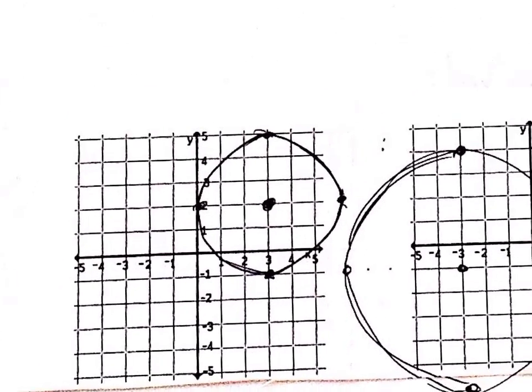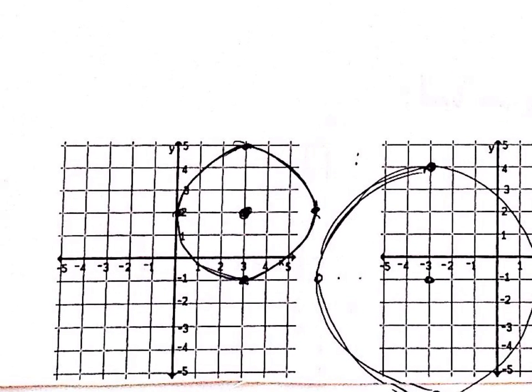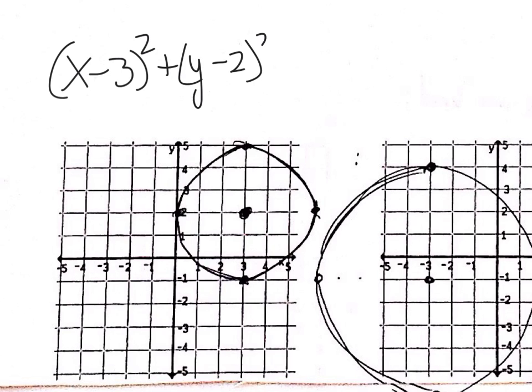All right, so because we went right 3, we're going to have x minus 3 quantity squared. So that was because the center has been moved to the right by 3. It has been moved up by 2, so we're going to have y minus 2 quantity squared. Notice how it's opposite, right?